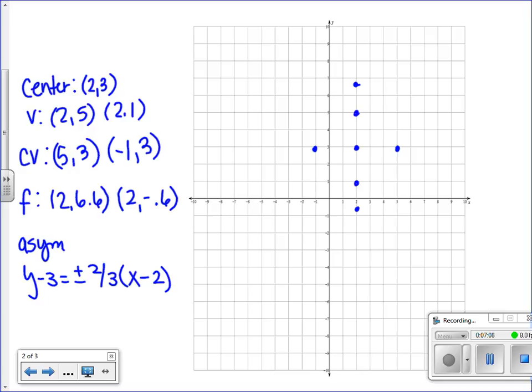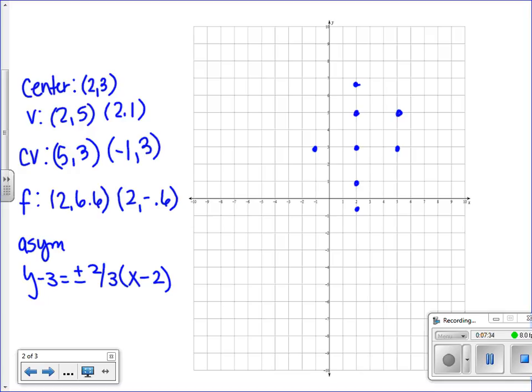Asymptotes. This is actually, I got to thinking about it yesterday, that's in point slope form. Remember point slope form from Algebra 1? And I'd forgotten it at first too. y minus y1 equals m times x minus x1, where you have a point and a slope. We have a point right here and a slope. So I can just start from my center and go up 2/3. Look at that.